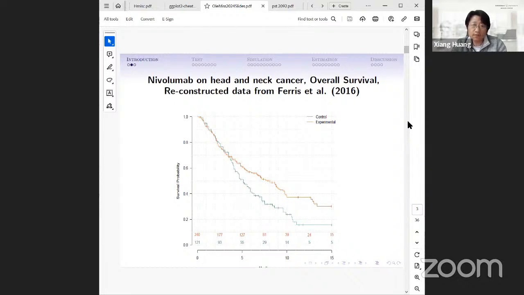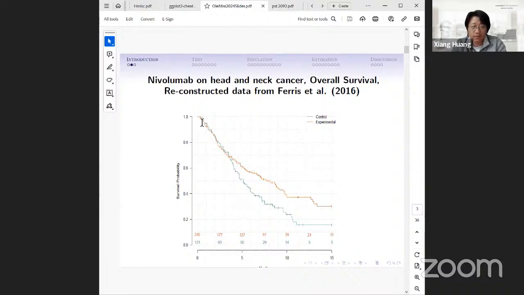This is a real data set from head and neck cancer. This is the overall survival chart, and clearly you can see there are two groups, the control arm and the experimental arm.